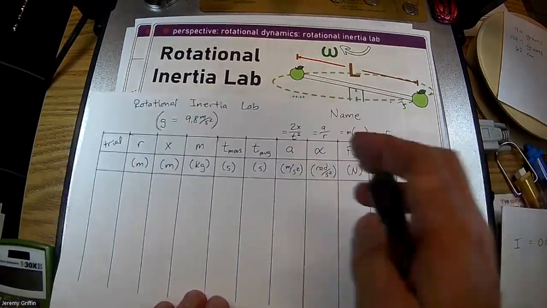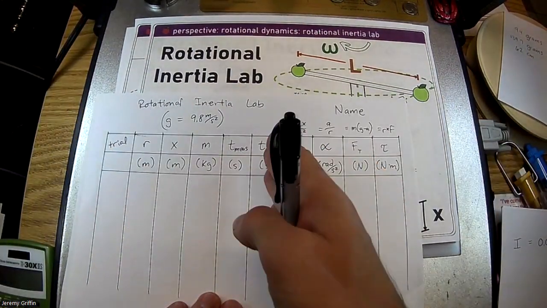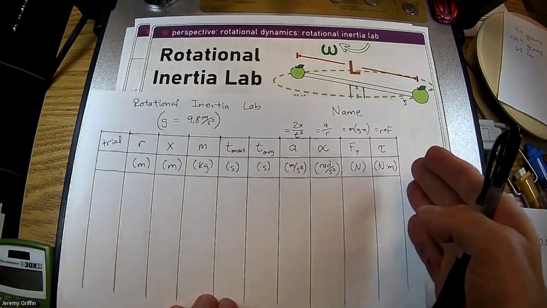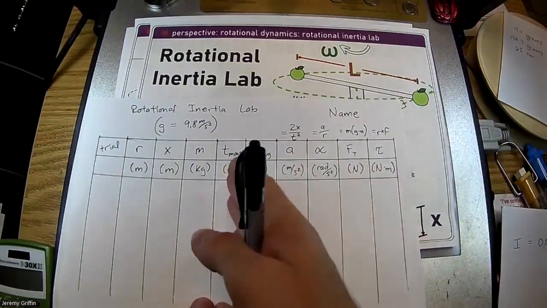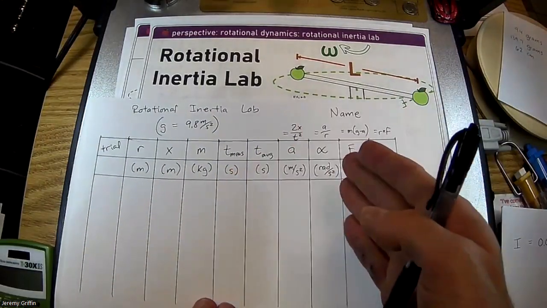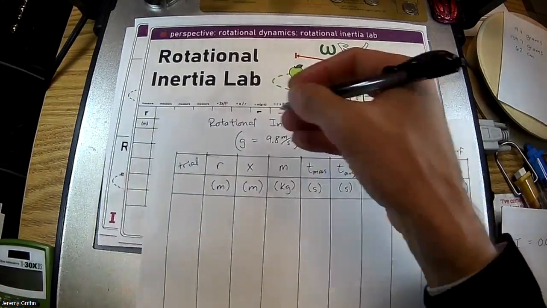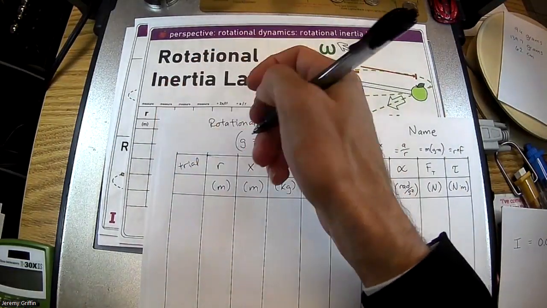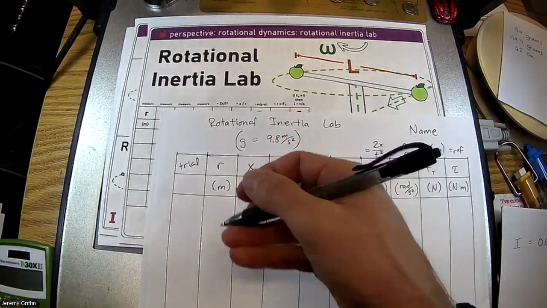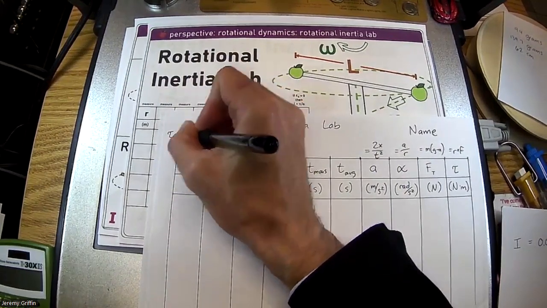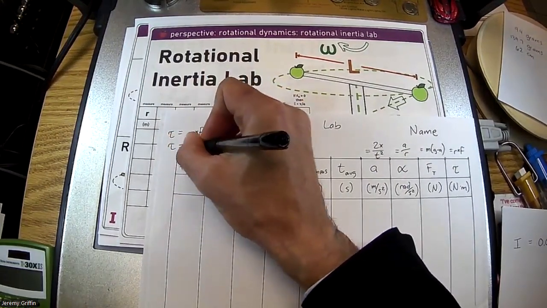So we filled out that table in the order we're going to collect this information. But maybe it makes sense why we need each one of those columns, thinking backwards from what we're trying to find. We're trying to find rotational inertia, and I can think of that through a torque formula. I know two formulas for torque. Torque equals r cross F, but torque also equals I times alpha.